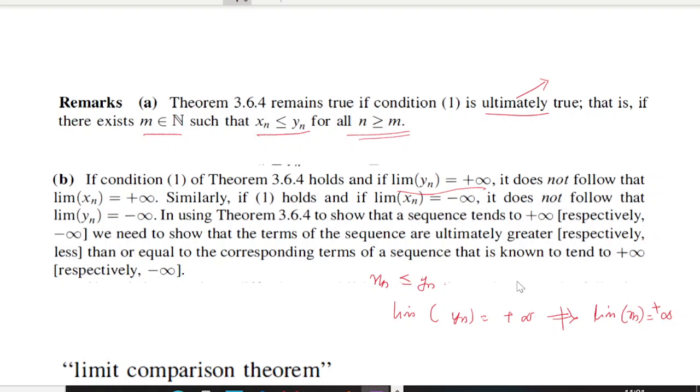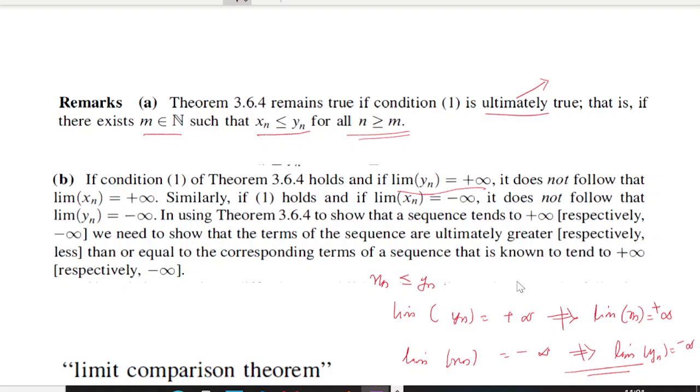Can you follow? Limit of yn equal to positive infinity does not imply the limit of xn equal to positive infinity. Similarly, limit of xn equal to minus infinity does not imply limit of yn equal to minus infinity. Okay, so that we will note it here.